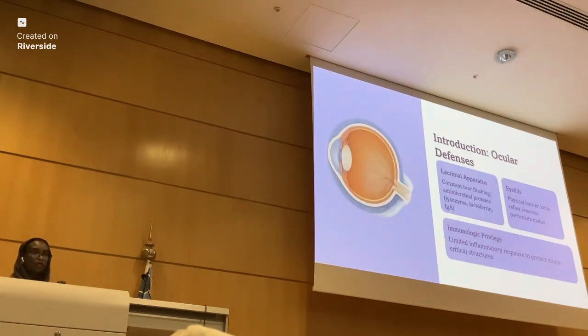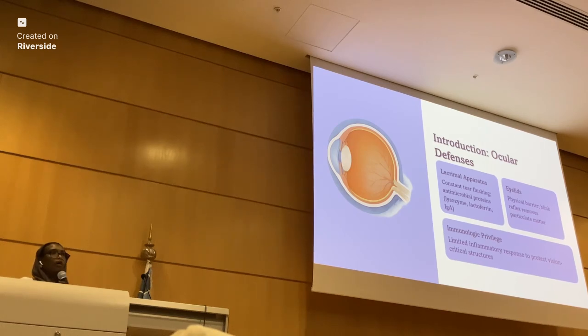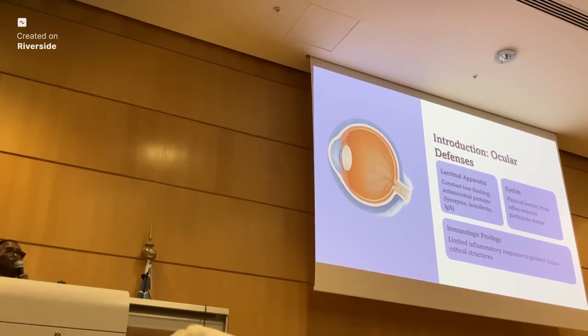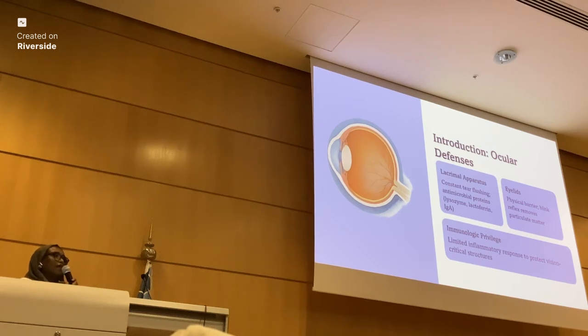All right. So when we talk about the eye as a structure in our body, one has to mention that it's very important to recognize that your eye is actually supported by innate immunity. So you actually get protection because of the innate immunity.